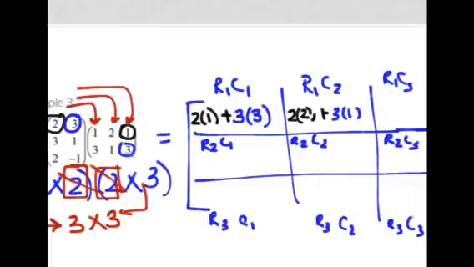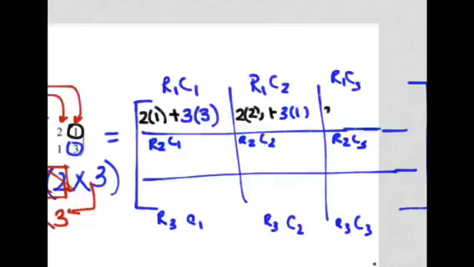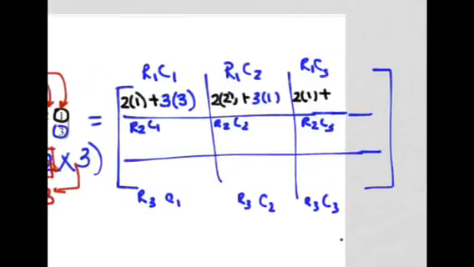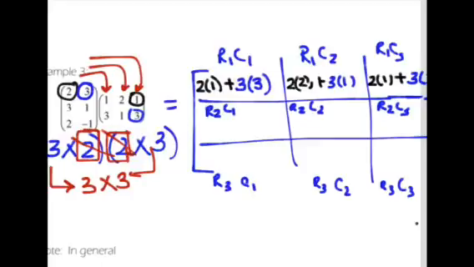So the black 2 will get multiplied by the black 1, and then the blue 3 by the blue 3. We have now completely finished threading row 1 through each of the 3 columns that were available. So now we're done with row 1.